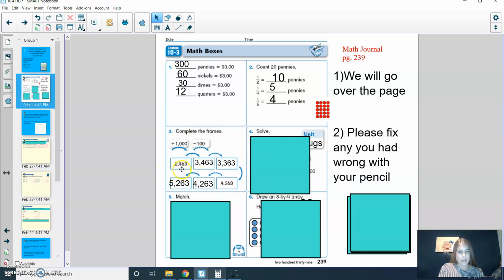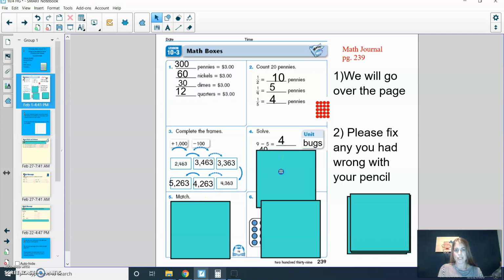So we started at 2,463, then I needed to add 1,000 to get 3,463, subtract 100 to get 3,363, add 1,000 to get 4,363, subtract 100, 4,263, and then add 1,000 for 5,263.